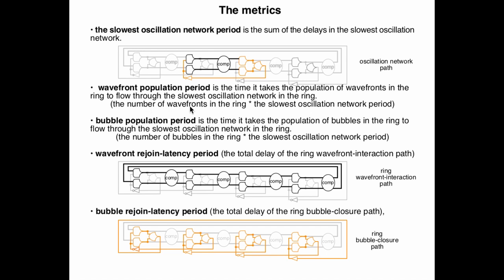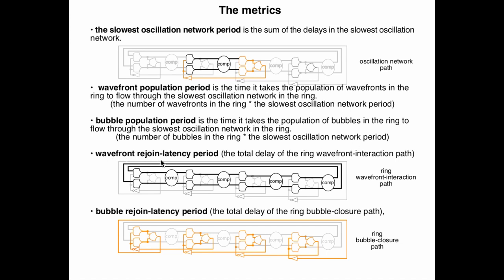And that is the number of wavefronts in the ring times the slowest oscillation network period. And conversely, the bubble population period is the time it takes the population of bubbles in the ring to flow through the slowest oscillation network. And that is the number of bubbles in the ring times the slowest oscillation network period.